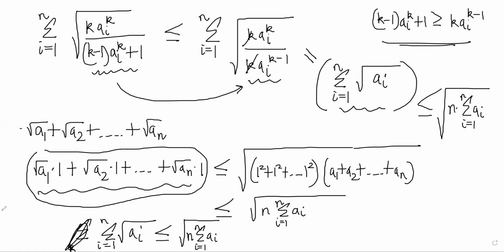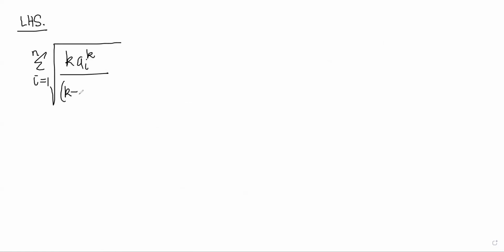So what is the overall thing looking like to us? Let's write all the results we have gotten so far. The LHS was the summation i goes from 1 to n of root over k a_i^k by (k−1) a_i^k − 1 a_i^k + 1.